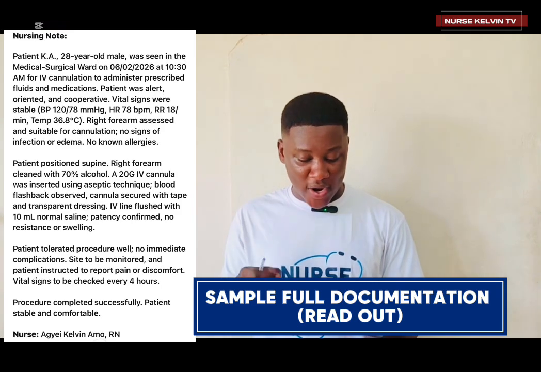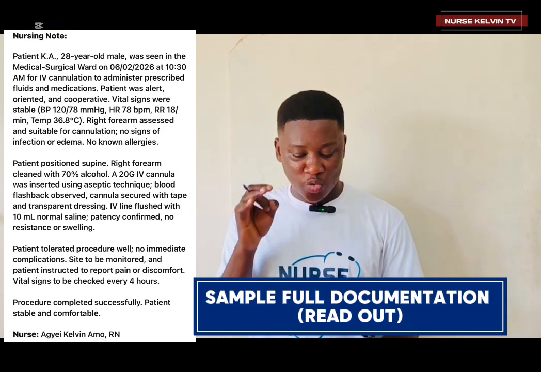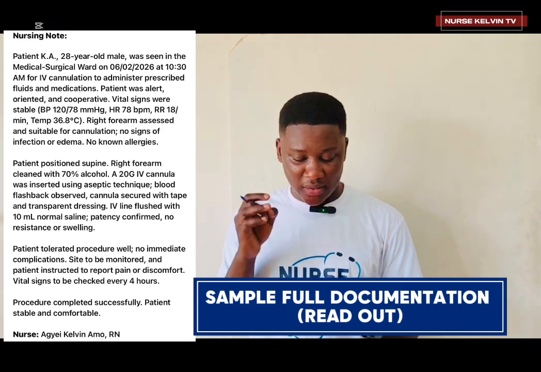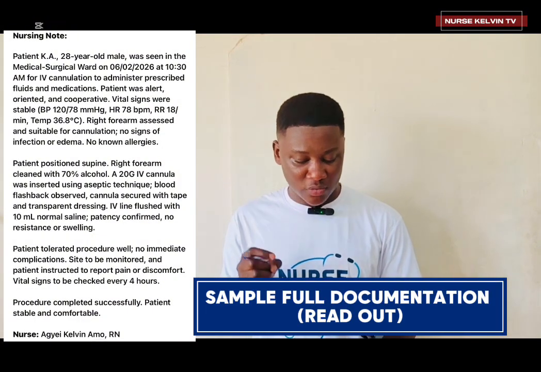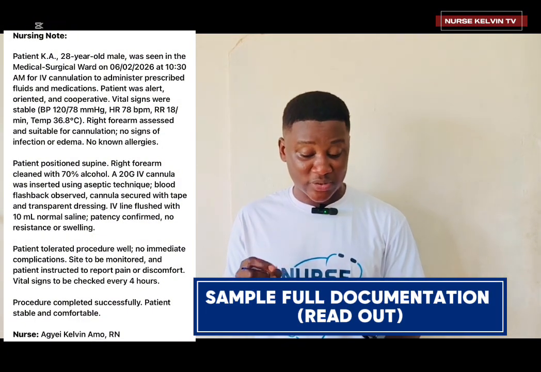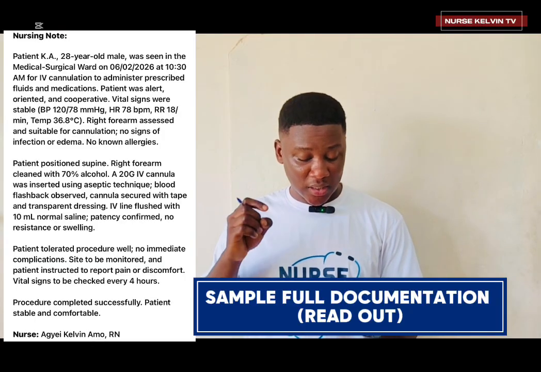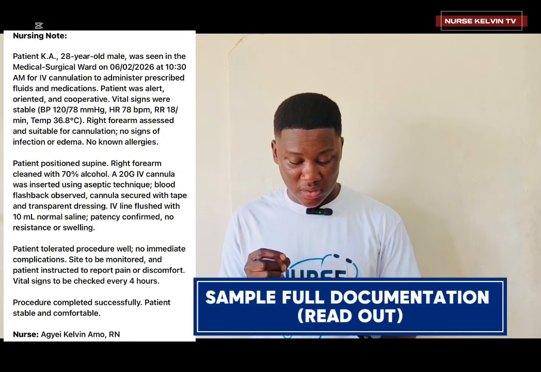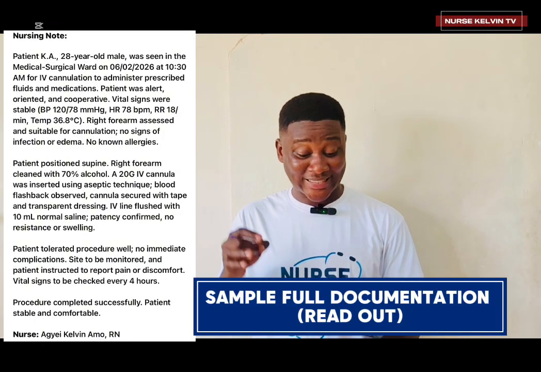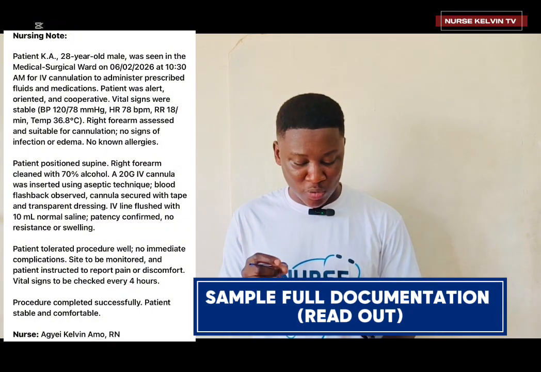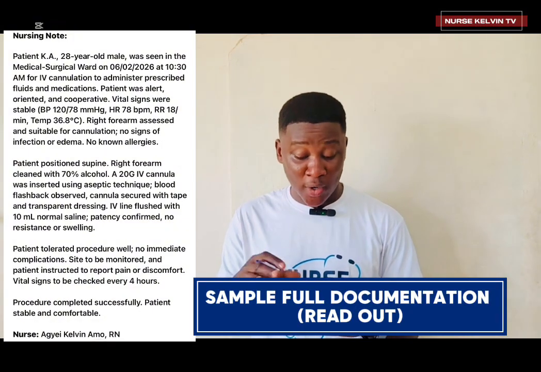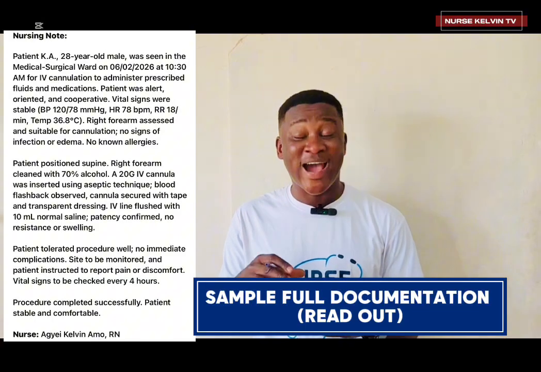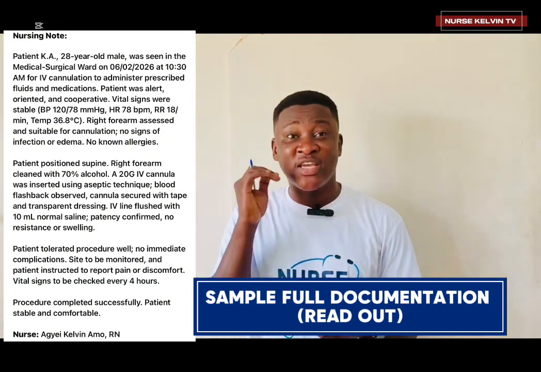Vital signs were stable. The BP 120/70, heart rate was 78, respiratory rate was 18. Then the temperature was 36.8 degrees Celsius. The right forearm was assessed and suitable for cannulation. No sign of infection or edema. No known allergies, meaning that the patient doesn't have any allergies.